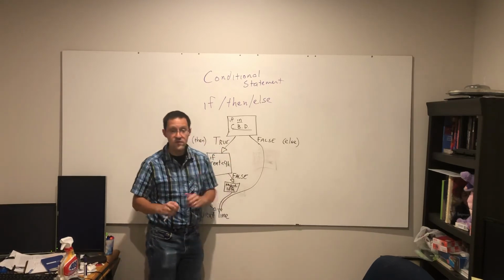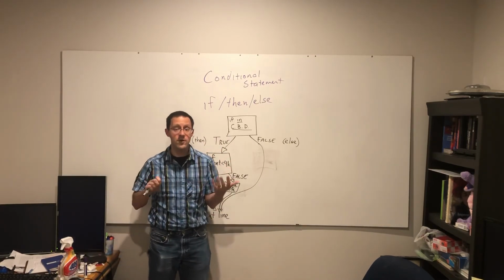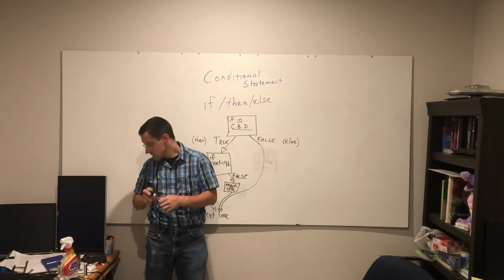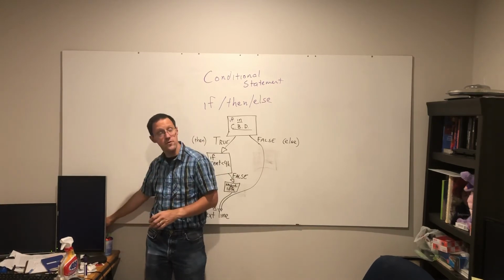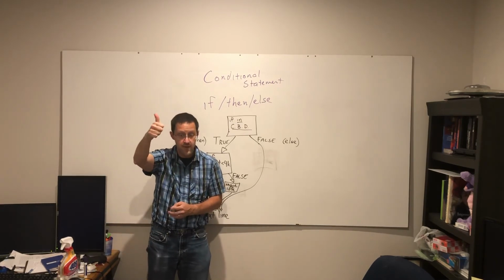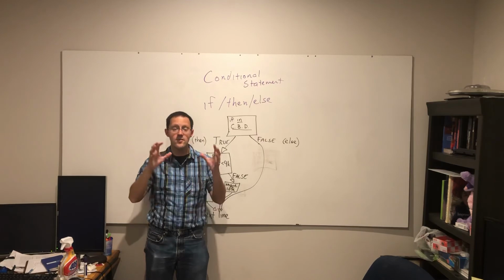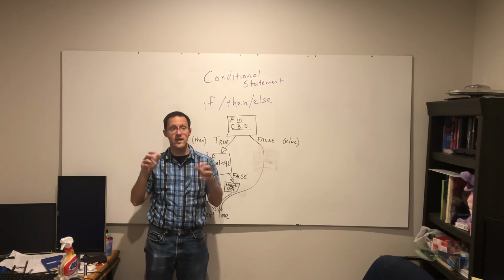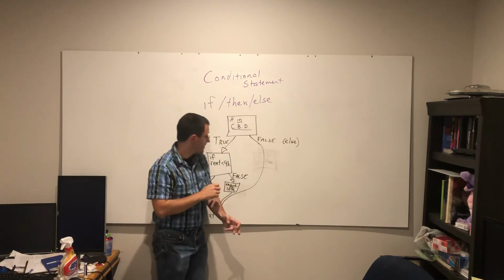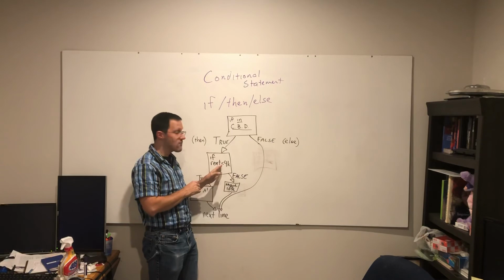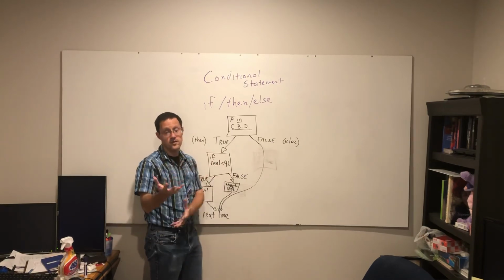So this flowchart shows the different parts of the logic behind a conditional statement. To recap, it starts with the condition, the if statement that is evaluating a Boolean expression. Then, if that expression is true, we will have one or more statements.